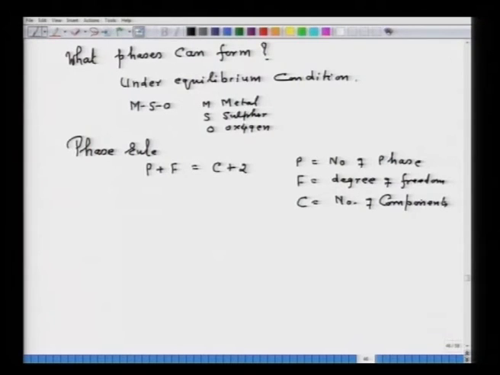Now, this 2 is coming because temperature and pressure are the thermodynamic parameters that will control the roasting process.